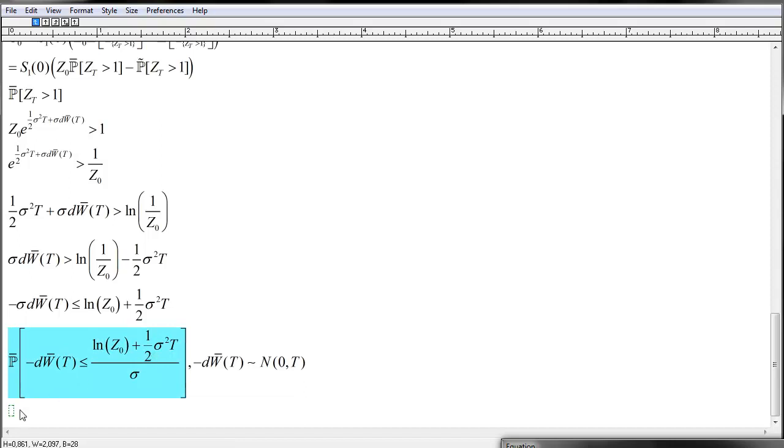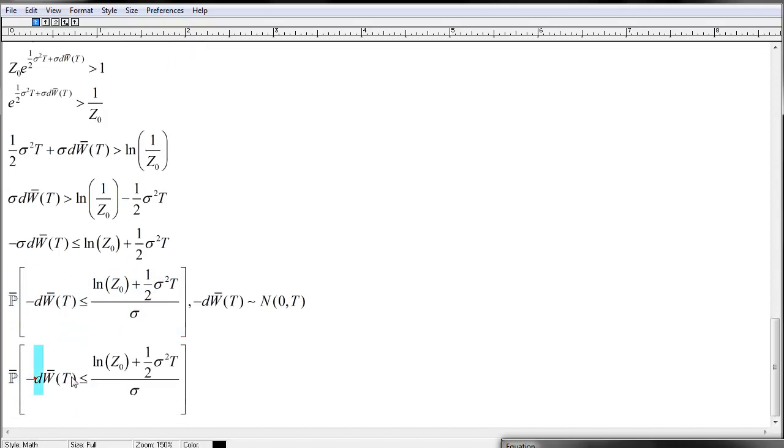We can standardize it just by dividing by the square root of t, because this expression is a random variable which is normally distributed with mean 0 and variance 1.